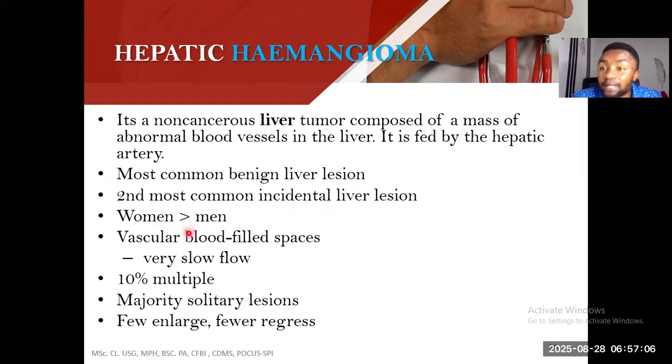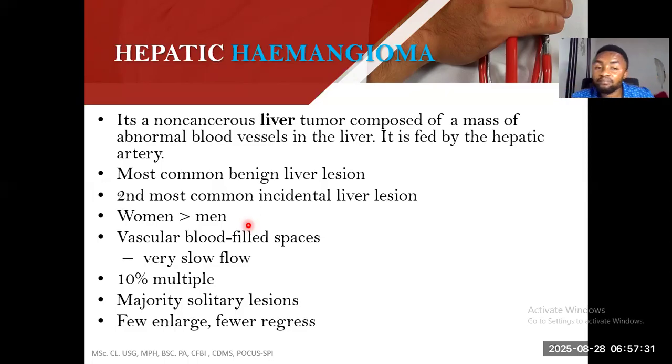Women get it more than men. That's what you have to understand, please. Women get it more than men, and it could be from the levels of estrogen, because estrogen has the potential of forming new blood vessels.